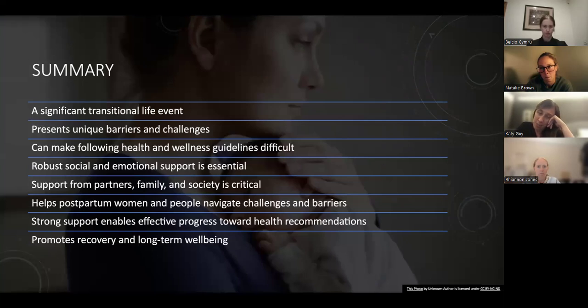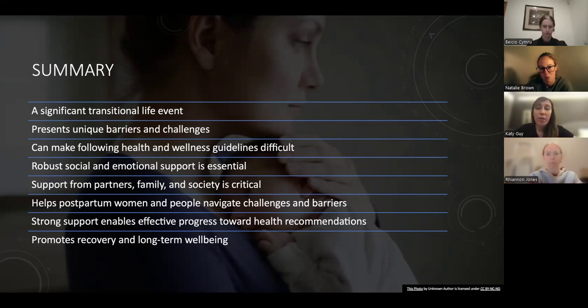So, in summary, the postpartum period is a significant transitional life event. It's got a fair few unique barriers and challenges. You've now got a baby that needs consideration when you are going to train, what's going to happen, when are you going to breastfeed if you are breastfeeding, are you going to express beforehand, where are you going to store it, where have you got that's private to feed.